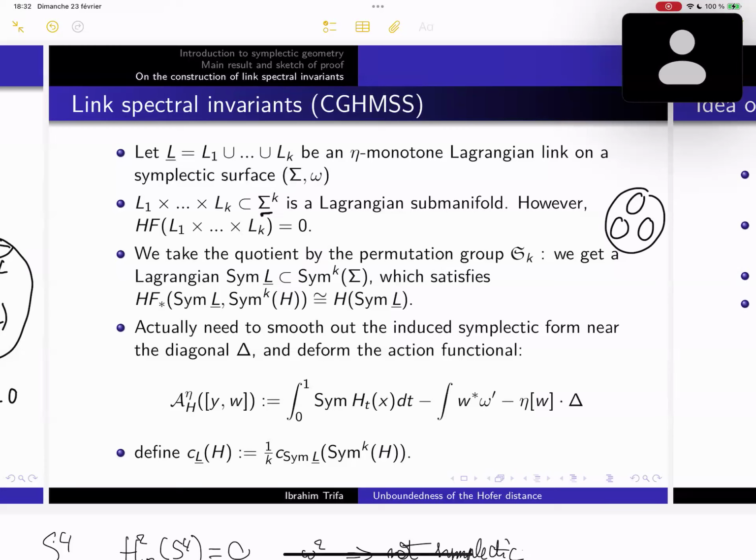And this time, this Lagrangian will not be displaceable, and one can check that its Floer homology will be isomorphic to its Morse homology, which in this case is the homology of a k-dimensional torus. Yeah, because it's a product of k circles.